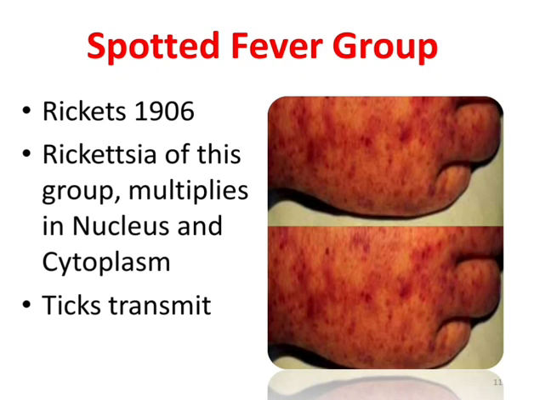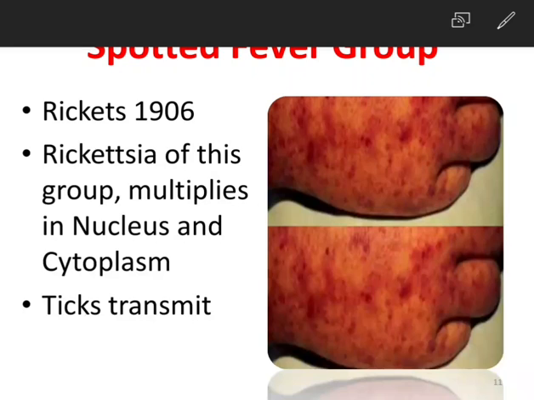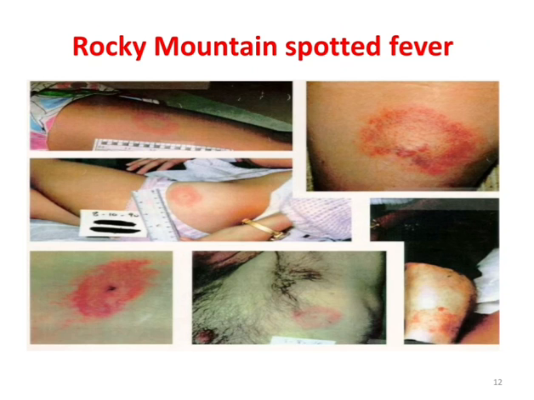The spotted fever group species enter the endothelial cells and multiply in the nucleus and in the cytoplasm. So the symptoms of infection are seen like this. This is Rocky Mountain spotted fever. The skin rashes and patches are seen on the infected area of the infected person.